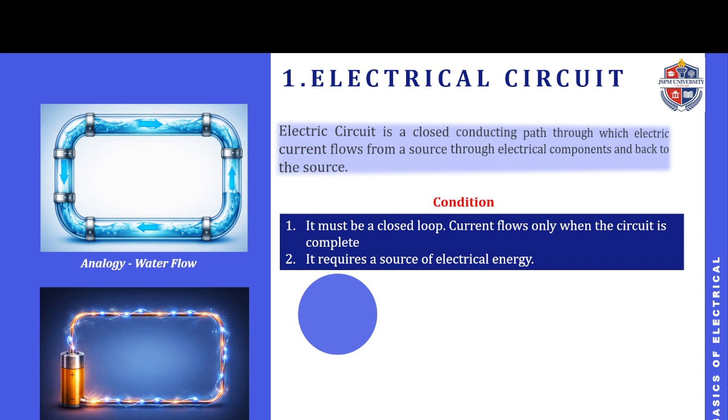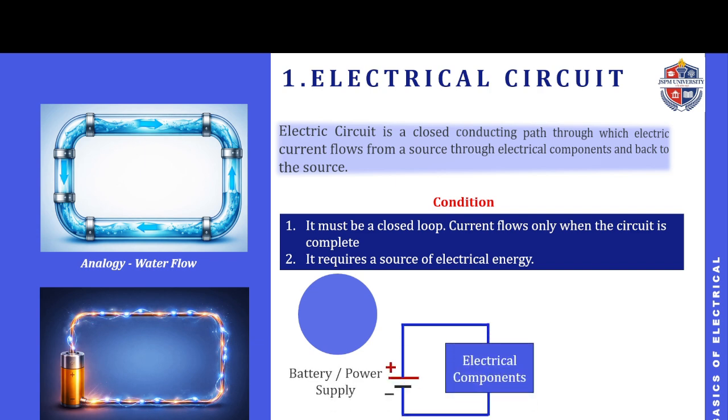Similarly, in our electrical circuit, similar to the pump, our main component is the electrical energy source, maybe a battery or any other energy source. Then only will it create the force to move the electrons. Already we know unlike poles attract each other, like poles repel each other.